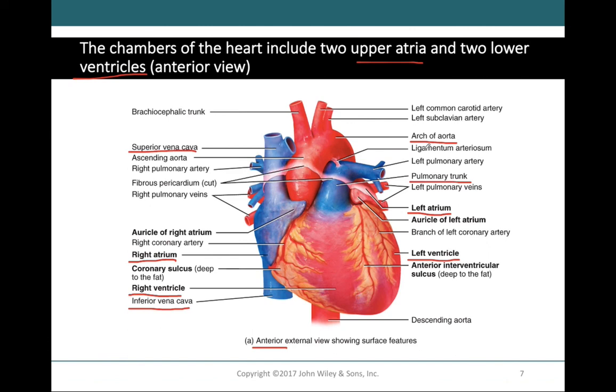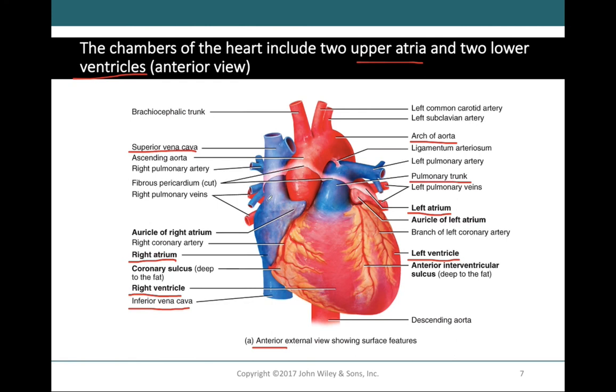Very important large vessels. So the heart actually incorporates two different circulations within it. We have the right side of the heart composed of the right atrium and the right ventricle, and we'll have the left side of the heart composed of the left atrium and the left ventricle. Now each of these atria are going to be connected directly to their ventricles.